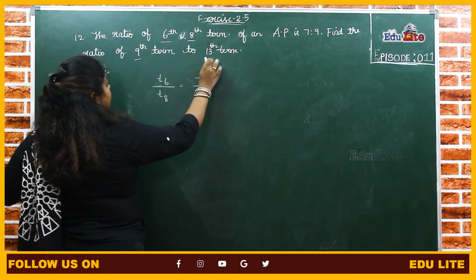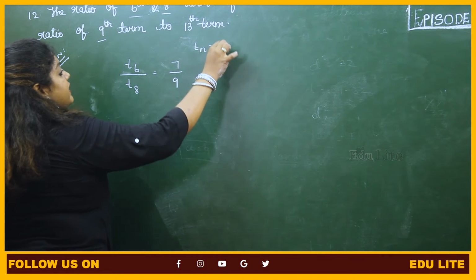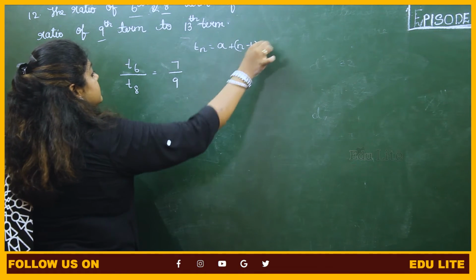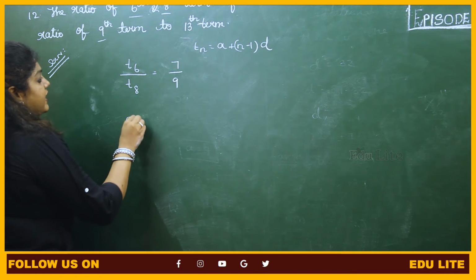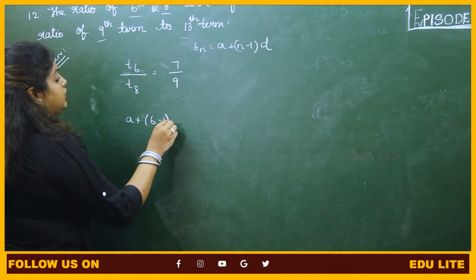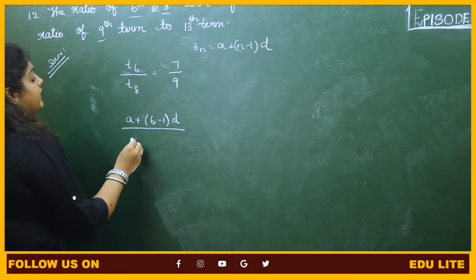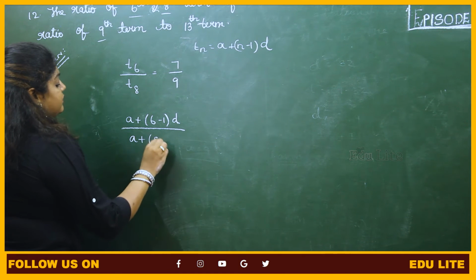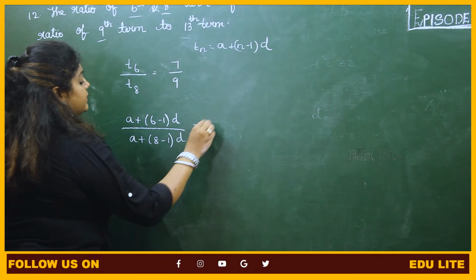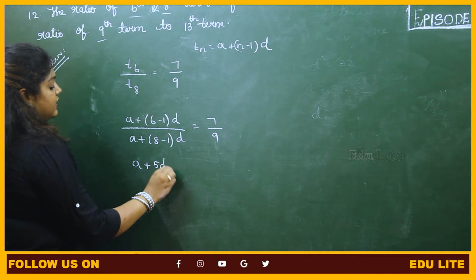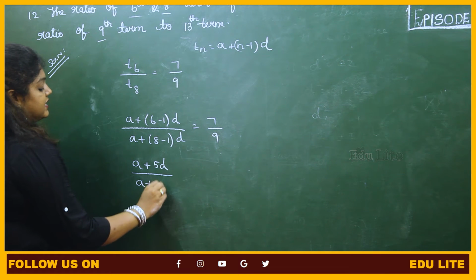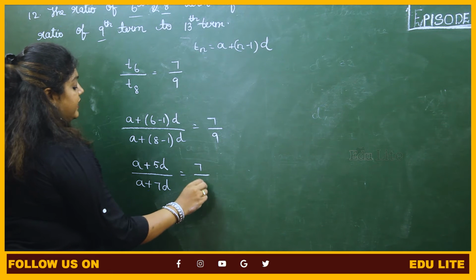T6 can be written using Tn equals a plus (n minus 1) into d. Using this, we can write T6 and T8. So (a plus 6 minus 1 into d) divided by (a plus 8 minus 1 into d) equals 7/9, that is, (a plus 5d) by (a plus 7d) equals 7/9.